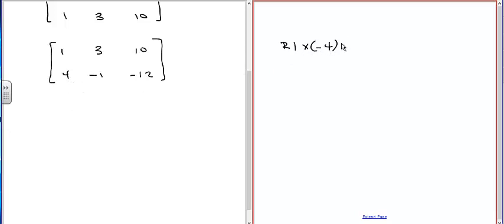So I'm going to take row 1, multiply by negative 4, add to row 2, and replace row 2. So let's write row 1 down first. So you get 1, 3, 10.